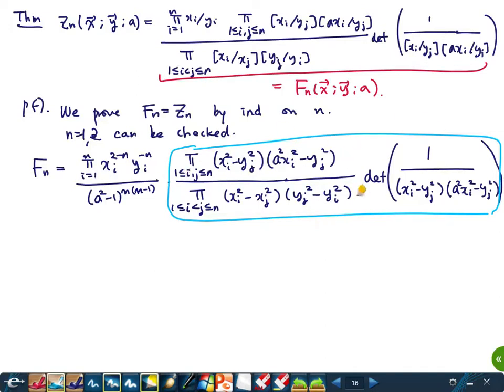So it's a symmetric polynomial in x1 up to xn and y1 up to yn. If you permute the xi's, you don't change the polynomial. If you permute the y's, you don't change the polynomial.